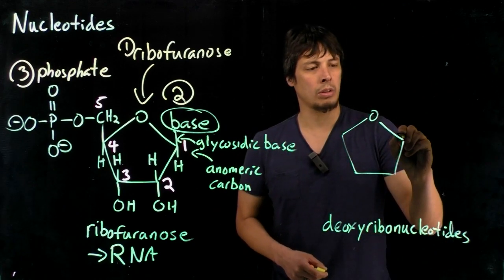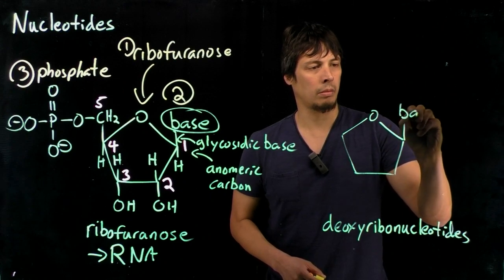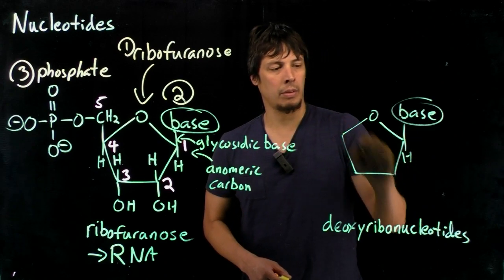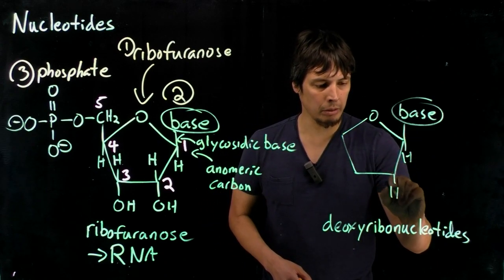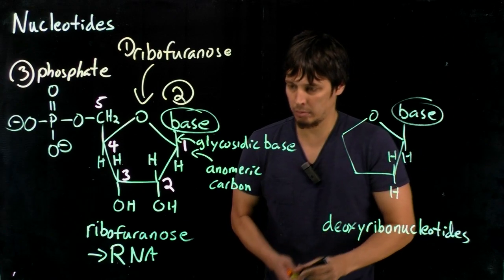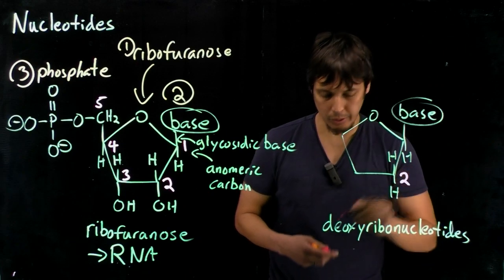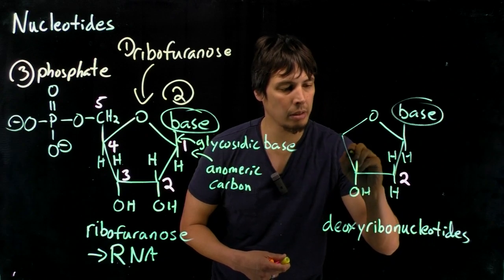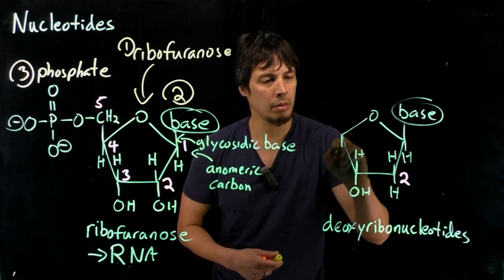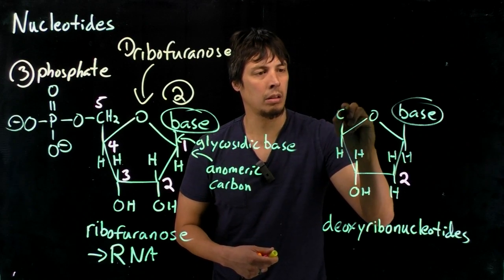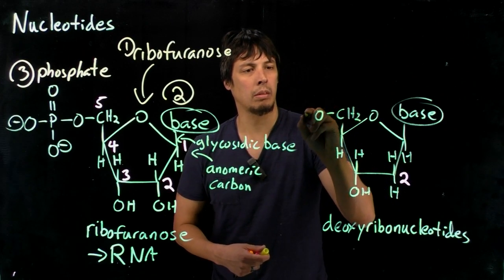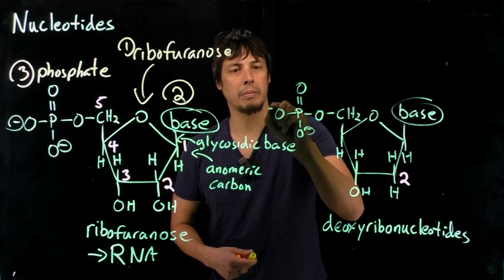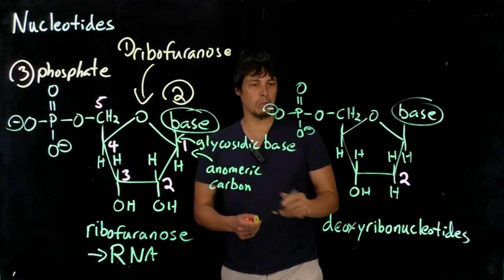The structure is essentially the same at the base, at the anomeric carbon, but at the 2 carbon, there's no OH group. And that's why this is known as a deoxynucleotide. Otherwise, everything's the same. The general structure is the same. And so these are deoxyribonucleotides.